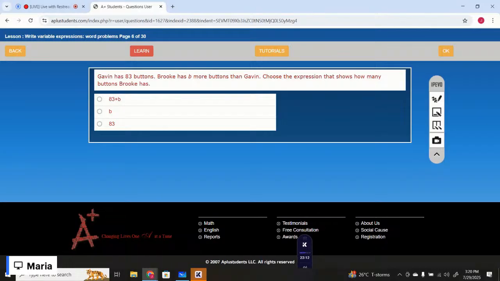Gavin has 83 buttons. Brooke has B more buttons than Gavin. Choose the expression that shows how many buttons Brooke has.